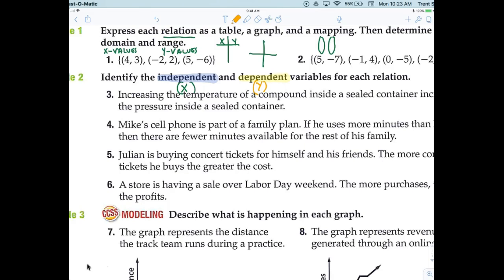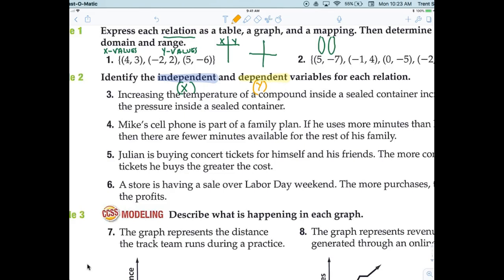X can be anything that you want it to be, but as soon as you give x a value, that makes the y value dependent upon whatever the x is. Is everybody okay with that explanation? Fairly straightforward. Now again, I'm probably not going to ask you a question about independent and dependent. Sometimes the book has their special terms and they like these terms. I'd like for you to just understand x and y.